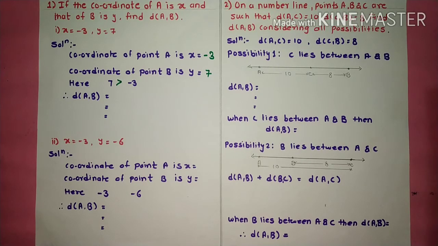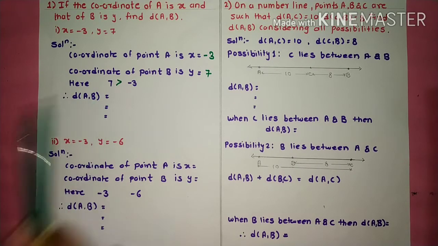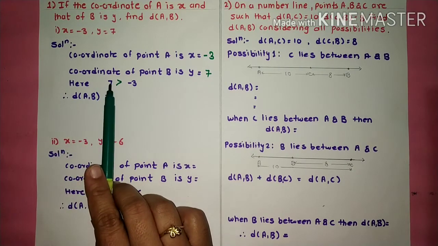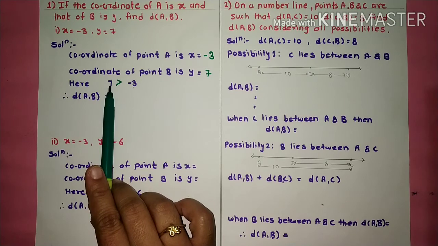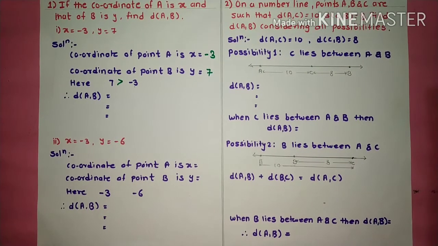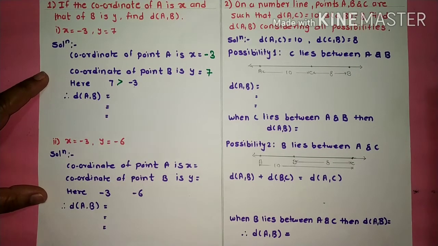You know that the distance between 2 points is obtained by subtracting the smaller coordinate from the larger coordinate. Here the smaller coordinate is -3 and the larger coordinate is 7. Therefore, here we subtract -3 from 7.